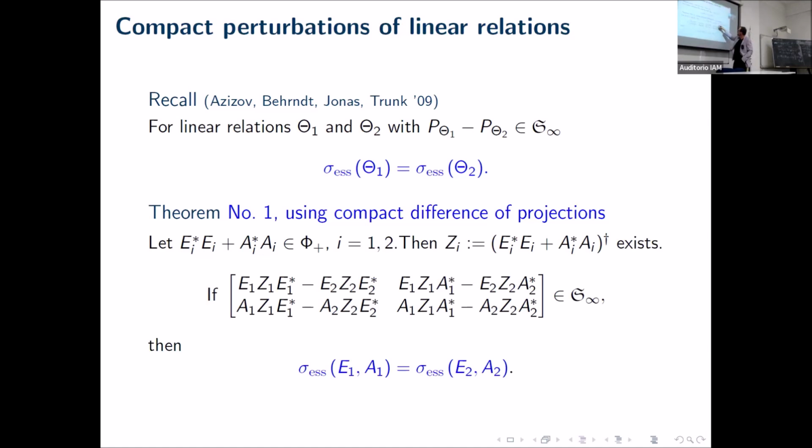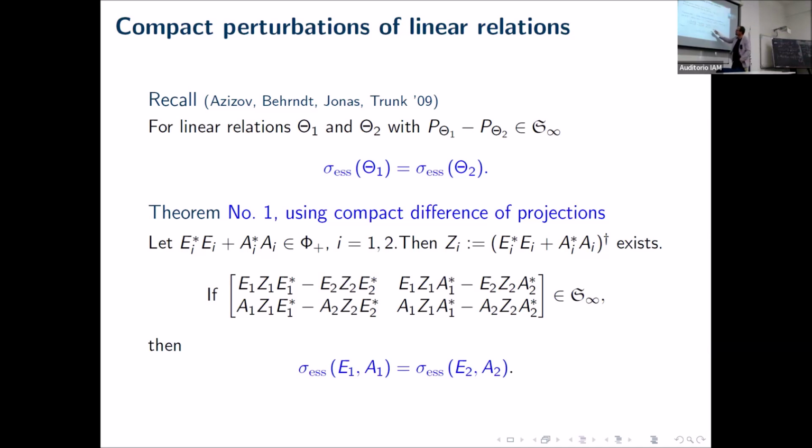The dagger stands for the so-called pseudo-inverse, which sounds fancy, but under this condition your range is closed because you're upper Fredholm, and when your range is closed, you can invert on the range. This is the pseudo-inverse.